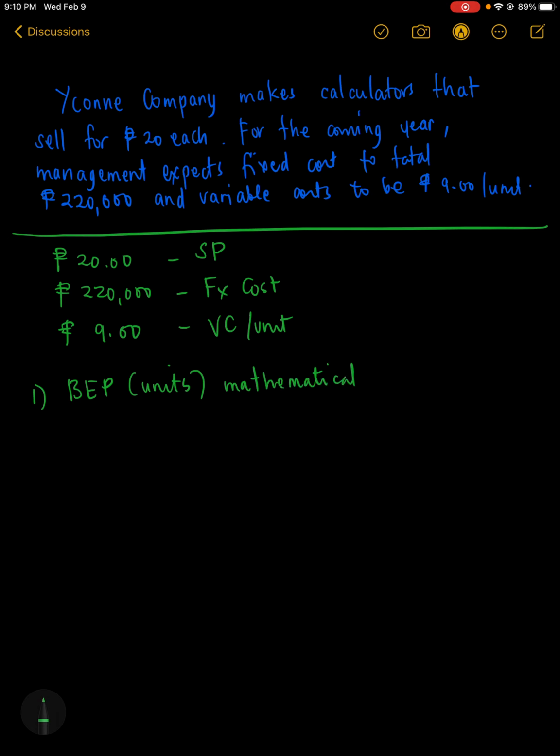Okay, by the way, our break-even point can be computed using the mathematical equation, or the contribution margin equation, and it can also be derived when we use a CVP graph. For this particular problem, we will use the mathematical equation. Okay? So, how does the mathematical equation work?